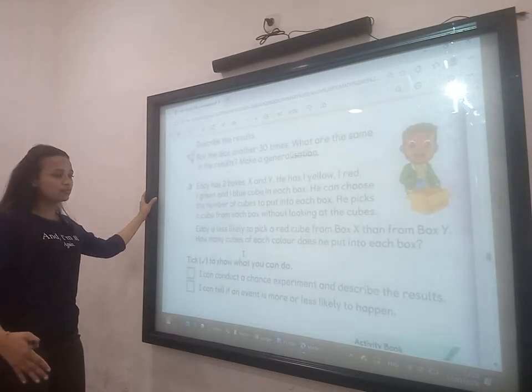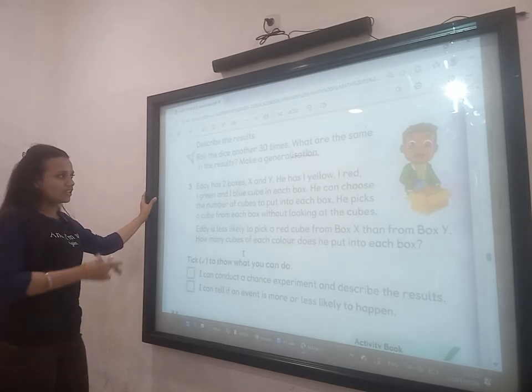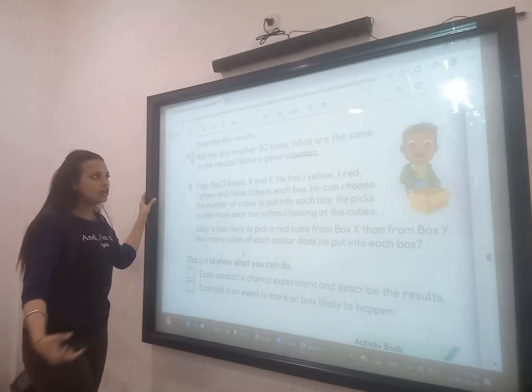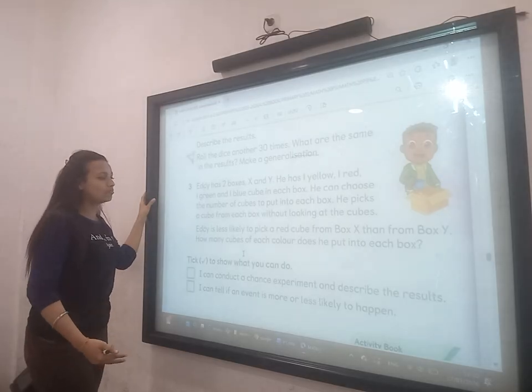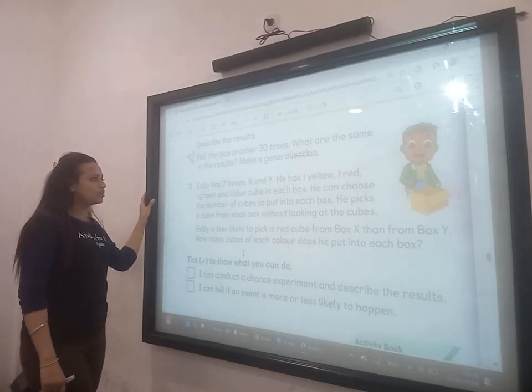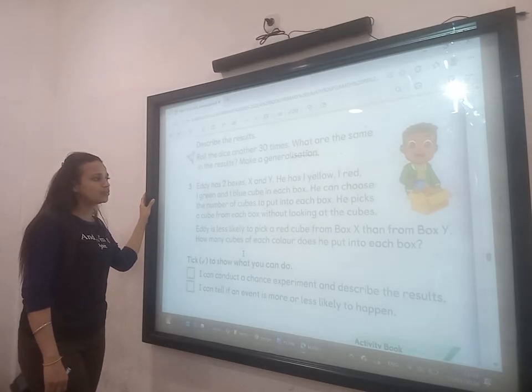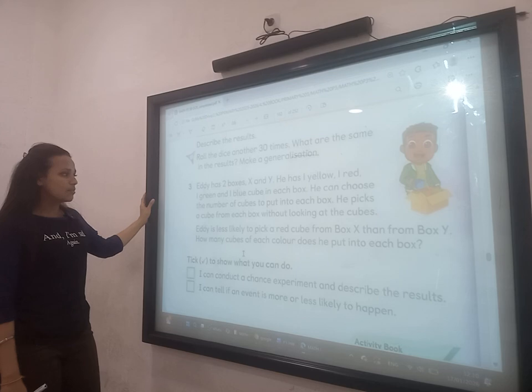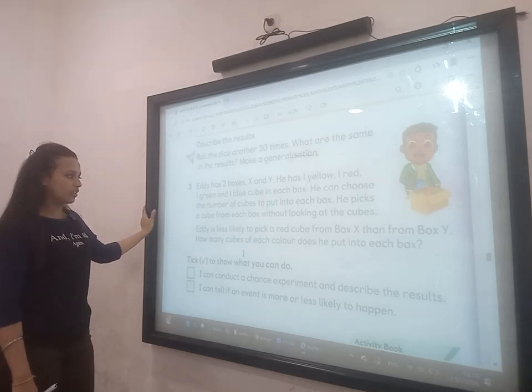Okay, so Eddie has two boxes, called X and Y, and he has one yellow, one red, one green, and one blue cube in each box. He can choose the number of cubes to put into each box. He picks a cube from each box without looking at the cubes.